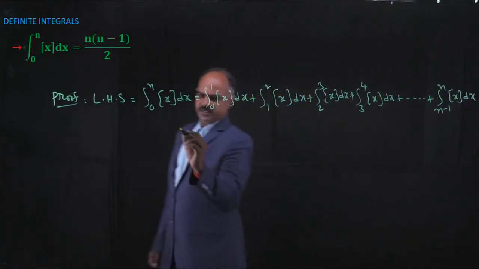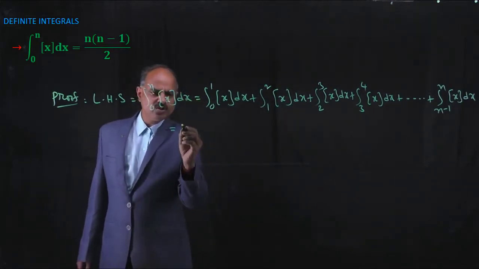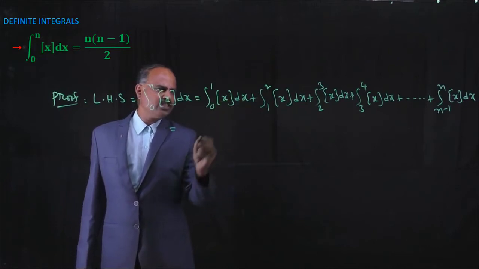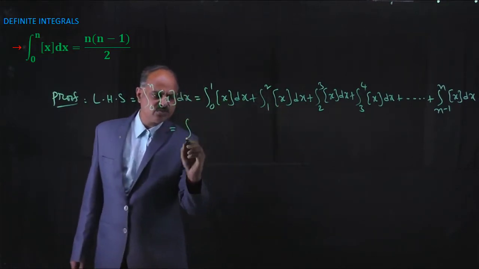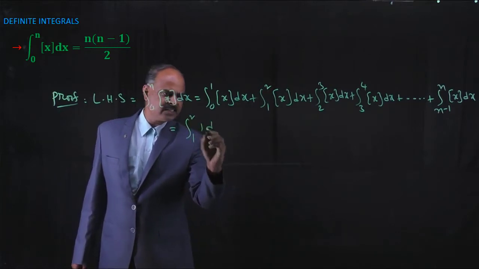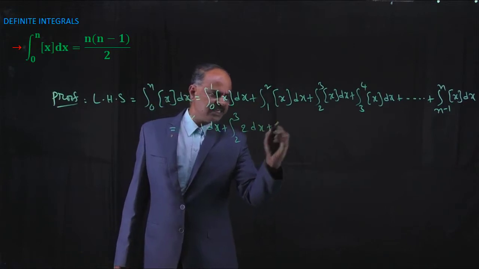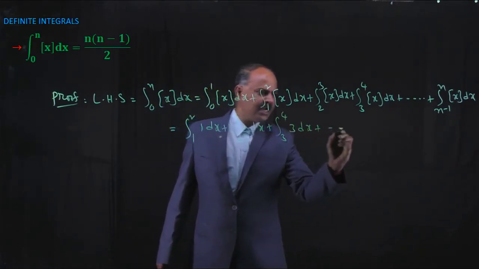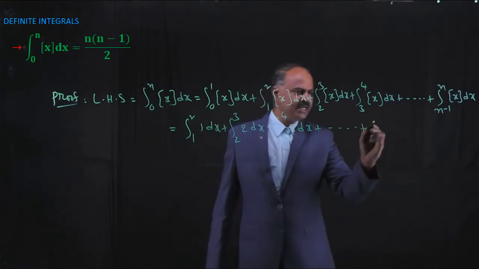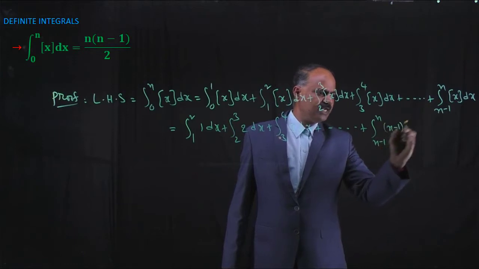Now in the interval 0 to 1, the value of [x] is 0, so the integral from 0 to 1 of 0 dx is 0. The integral from 1 to 2 of [x] is 1, so 1 dx from 1 to 2, plus the integral from 2 to 3 of 2 dx, plus the integral from 3 to 4 of 3 dx, and so on, plus the integral from n-1 to n of (n-1) dx.